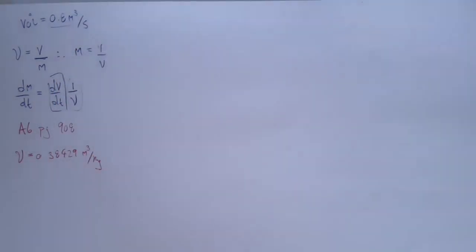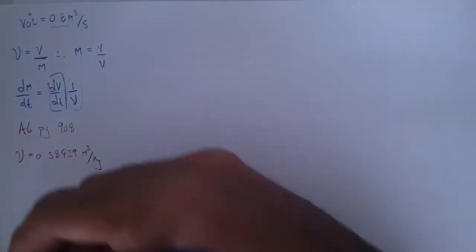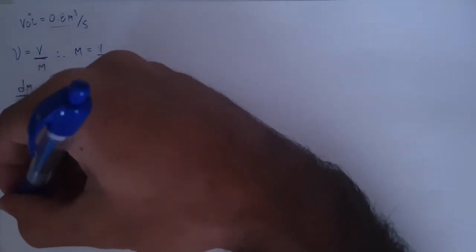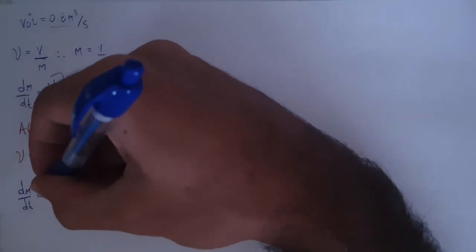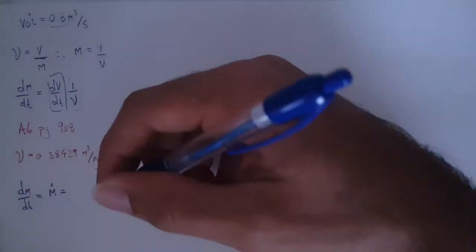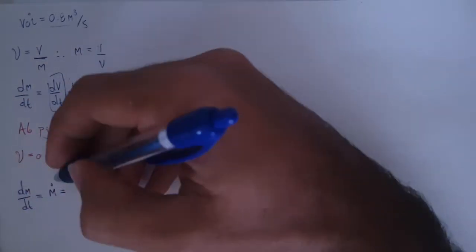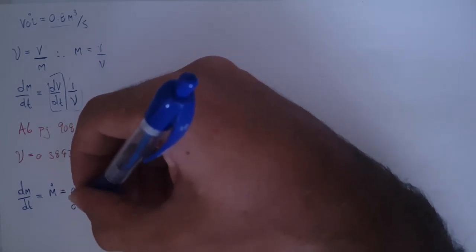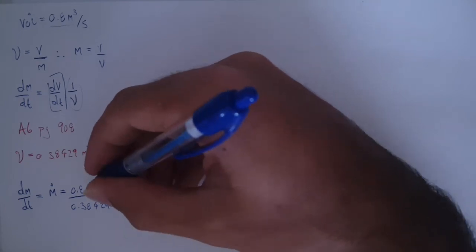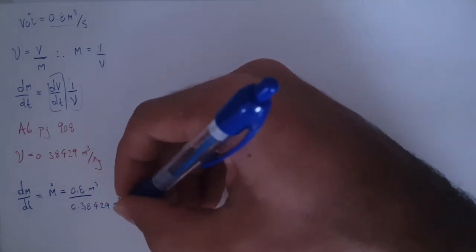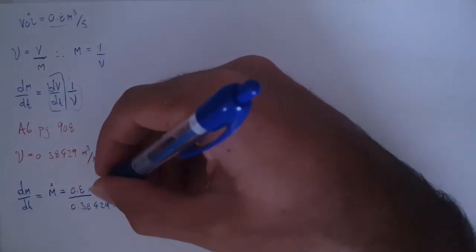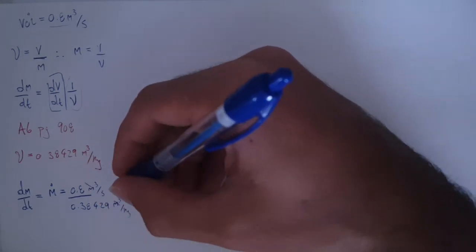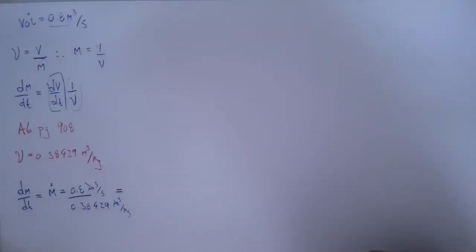So my mass flow rate, m dot, equals the volume flow rate of 0.8 divided by 0.38429 meters cubed per kilogram. That leaves kilograms per second, which is precisely the unit for mass flow rate.